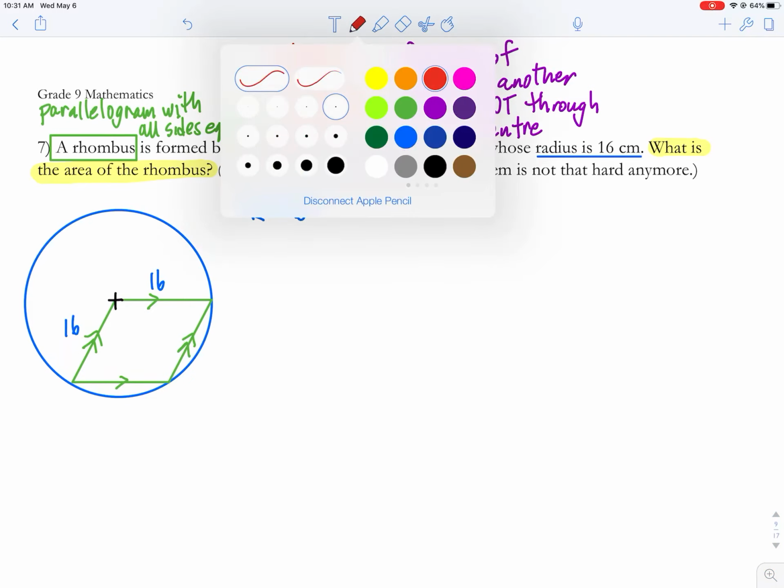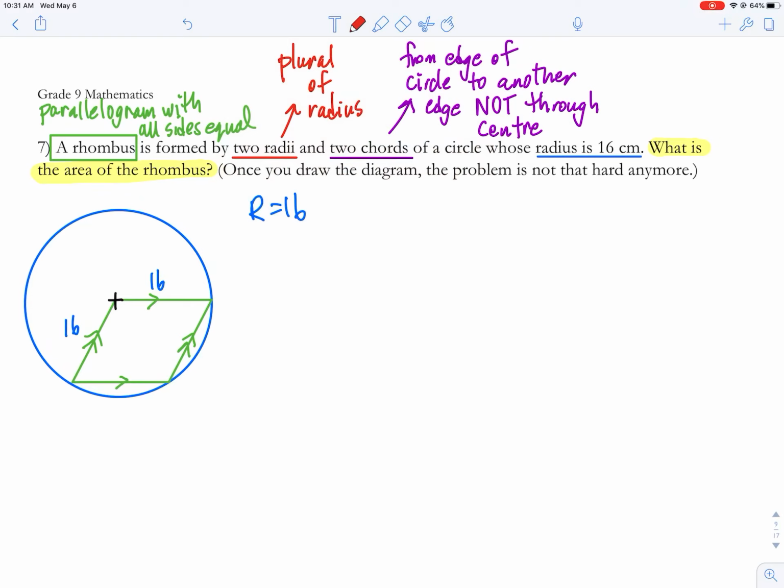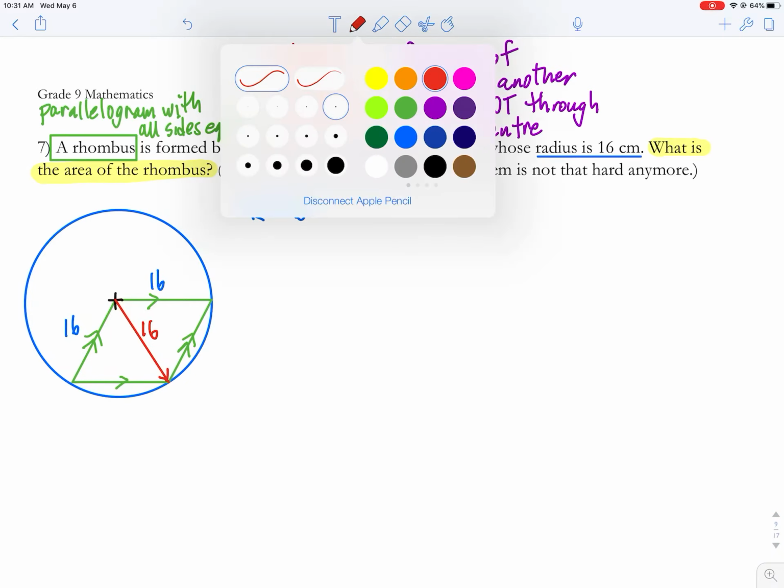So radius goes from the middle to the edge of any circle. So that radius that I drew there is also going to be 16. And now it looks like we have 2 triangles.